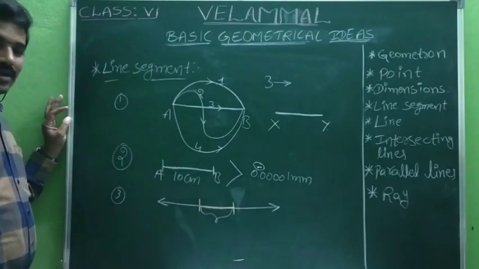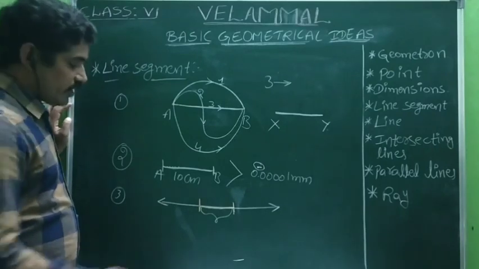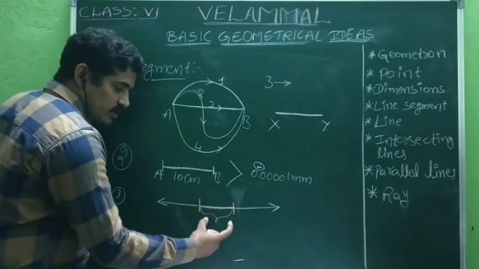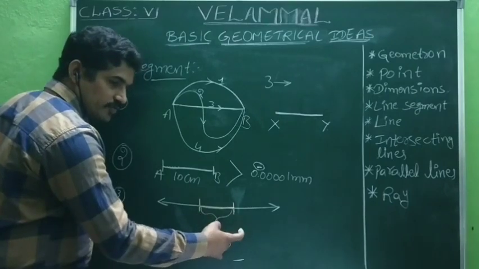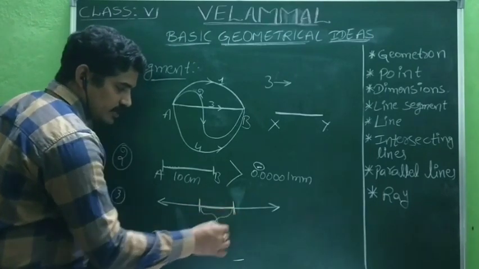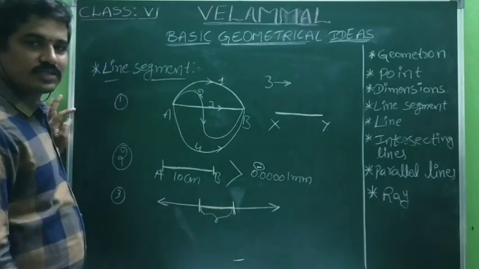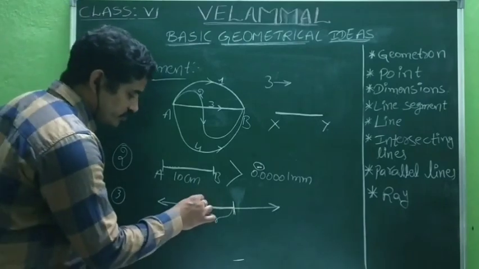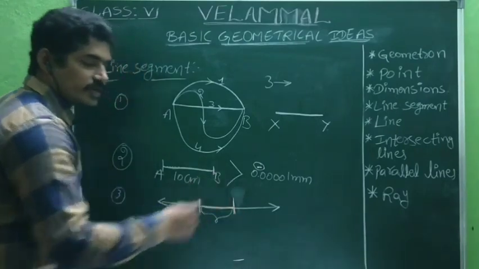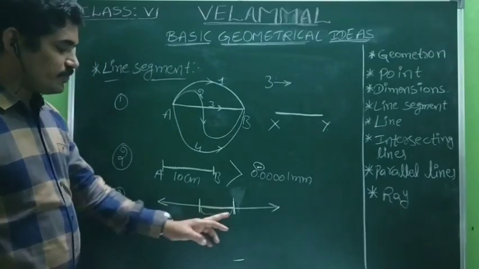As in earlier classes we discussed what a fraction is. A fraction is a part of a whole. In the same way, if you take one part from the line, then it will be a line segment. A part of a line is called a line segment, whose measure we are able to calculate. So this is also a line segment.